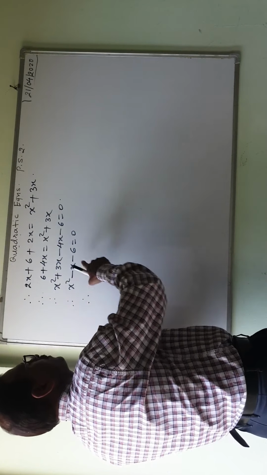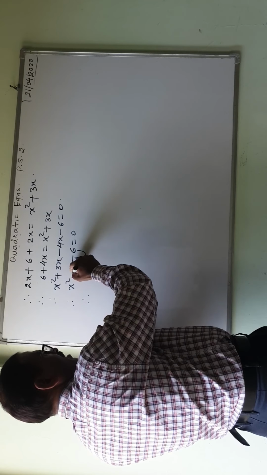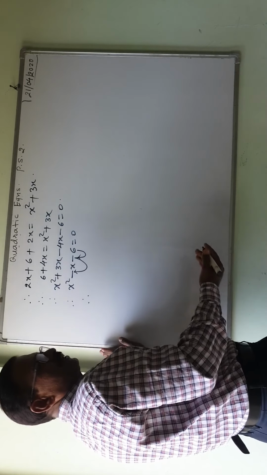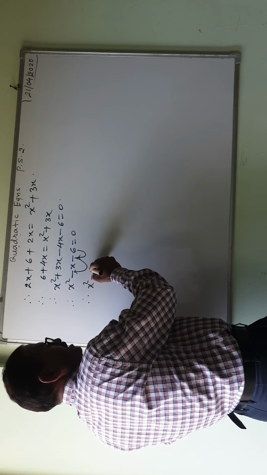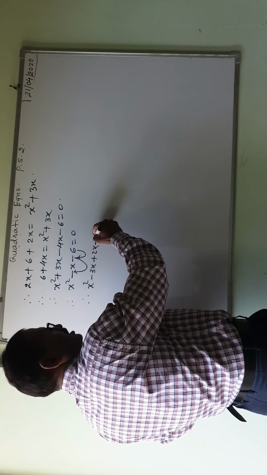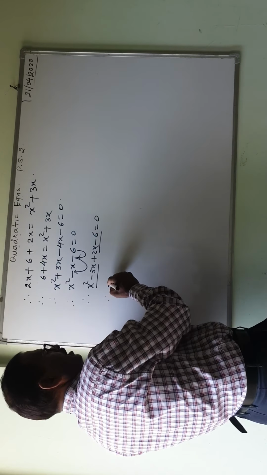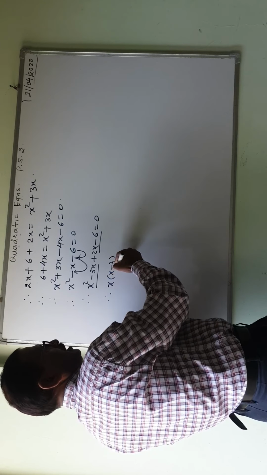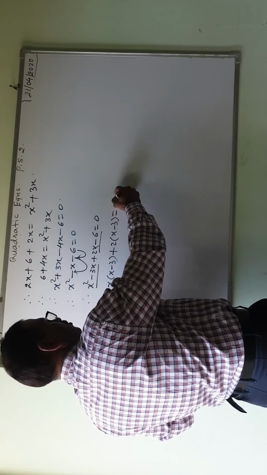Therefore, find the factors of 6 such that the subtraction is minus 1. So 3 and 2, naturally their subtraction will be 1. So x square minus 3x plus 2x. Subtraction means the opposite signs. Minus 6 equal to 0. Now make the two groups. Therefore, x into bracket x minus 3 plus 2 is common, x minus 3 is equal to 0.